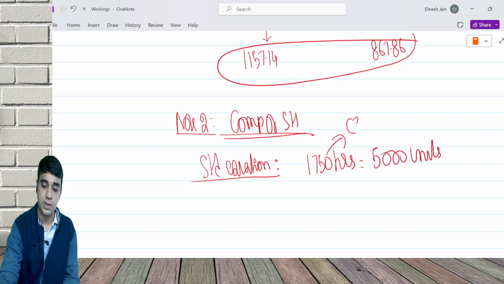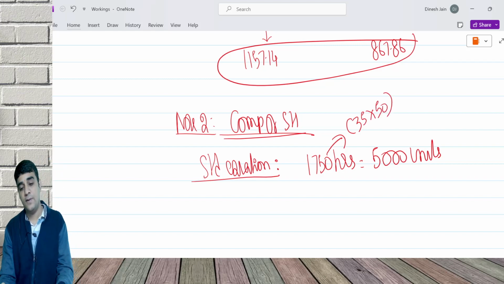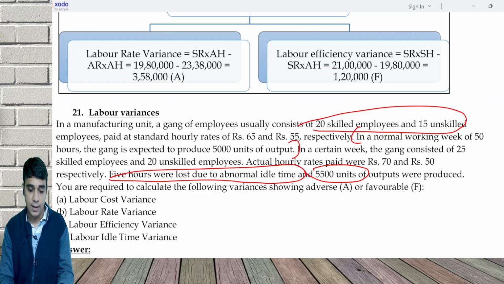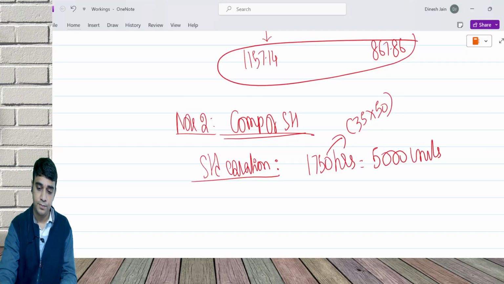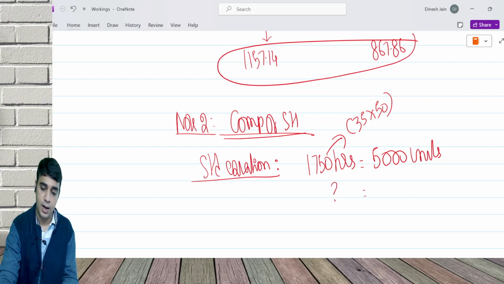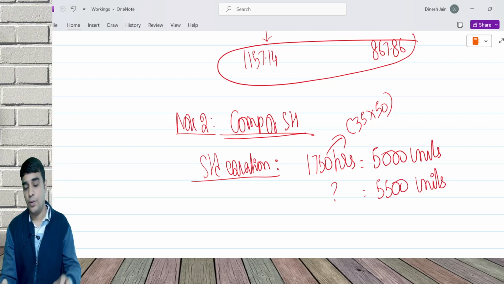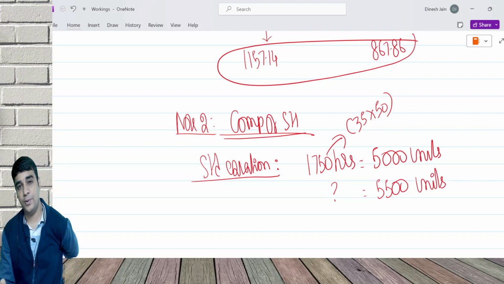This was 35 into 50. 1750 hours is equal to 5000 units. Question mark equal to 5500 units.